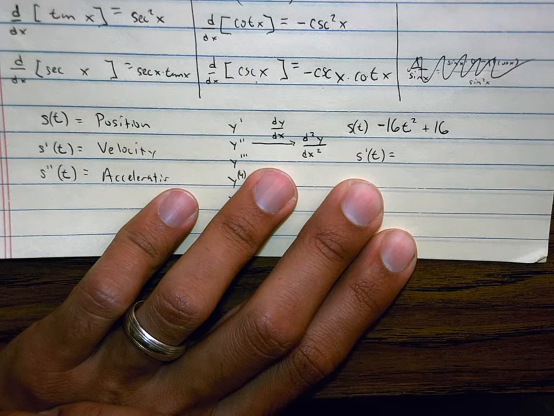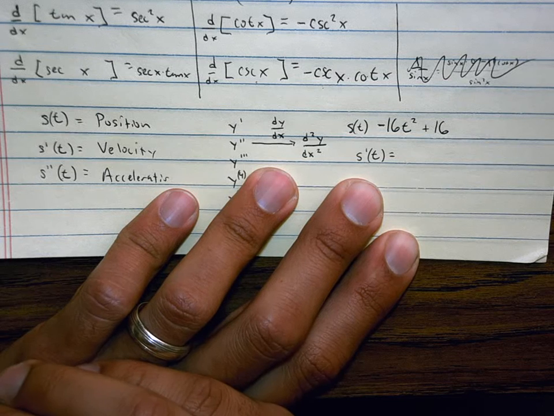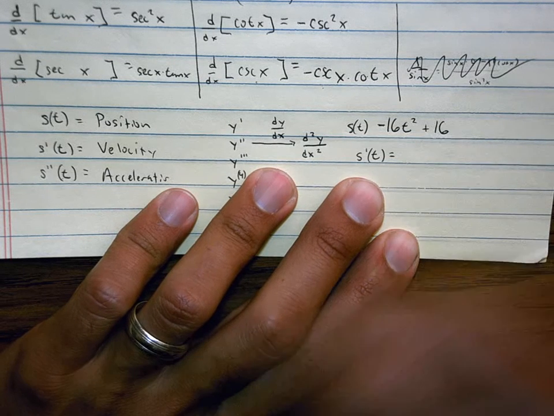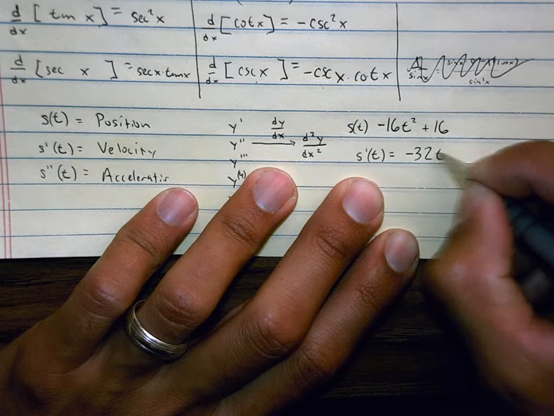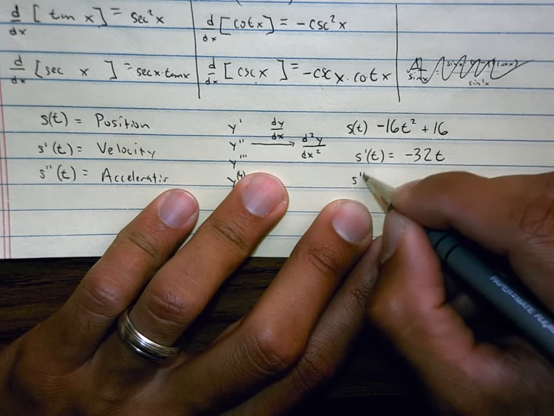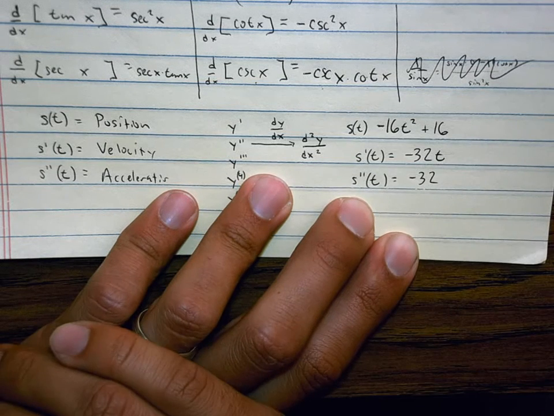My velocity function would be what? My acceleration formula would be negative 32.